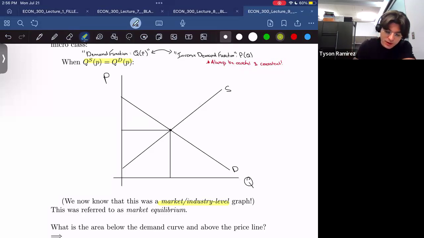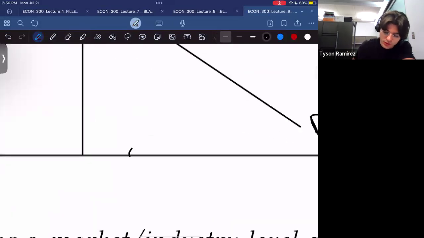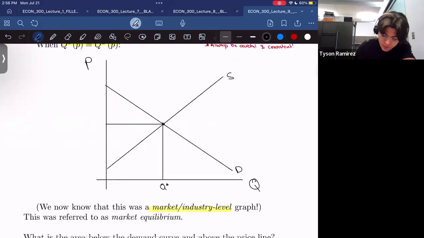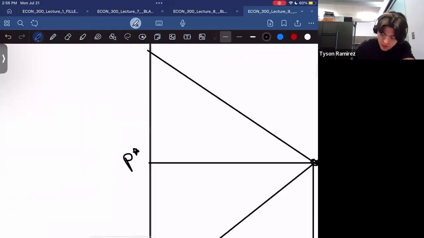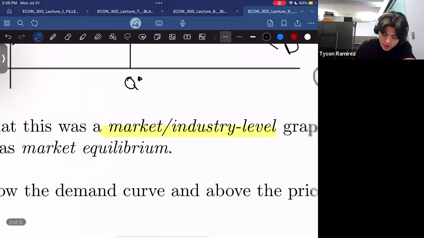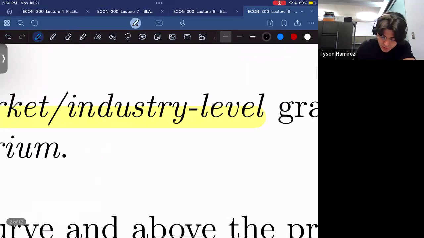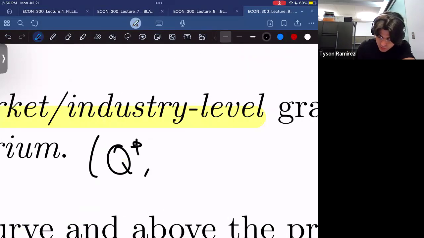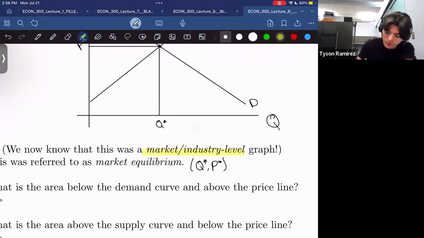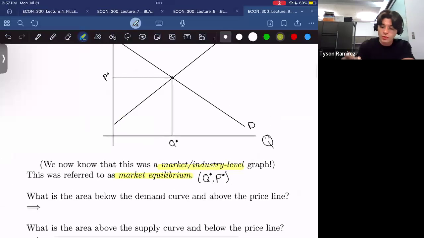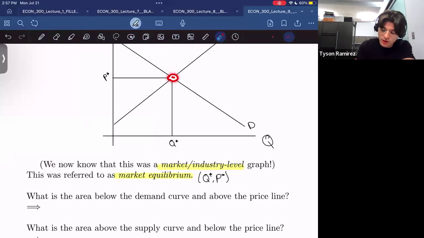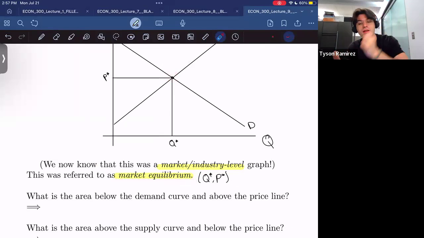At this point, we'd get some quantity Q star and some price P star. This is referred to as market equilibrium. When we are here, the market is in equilibrium. That's when supply equals demand. That's when the market clears.